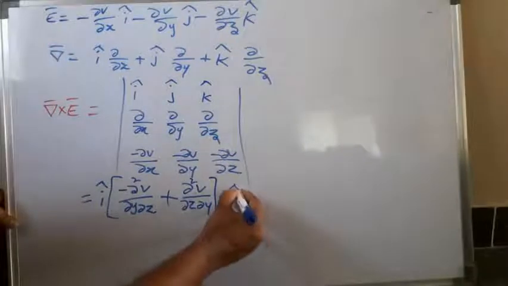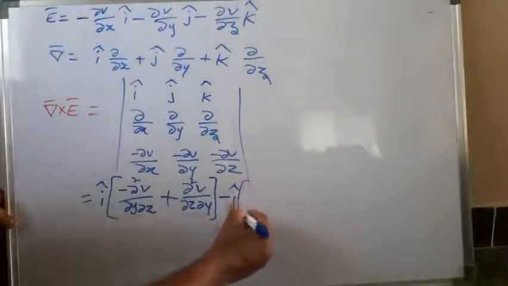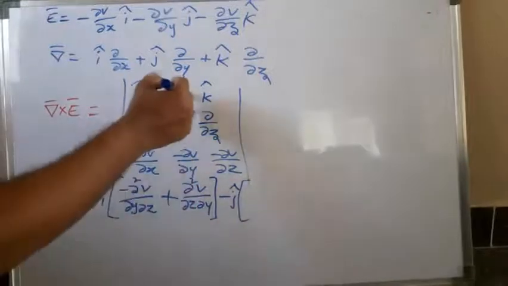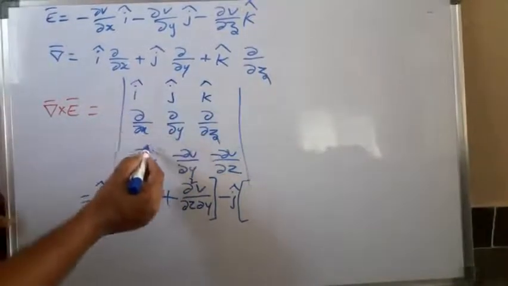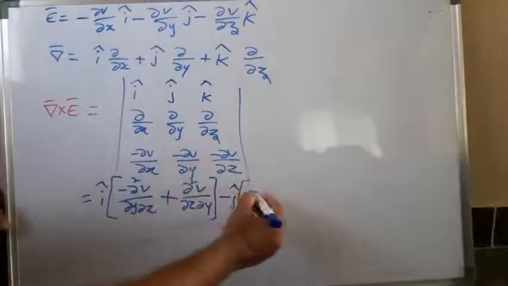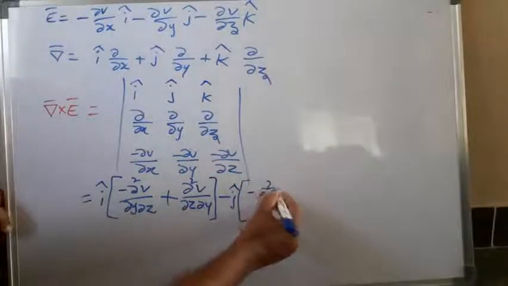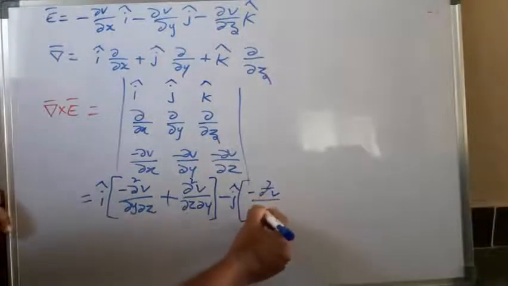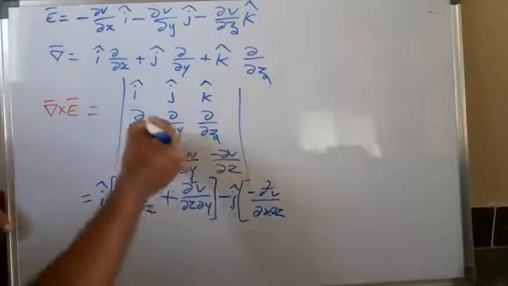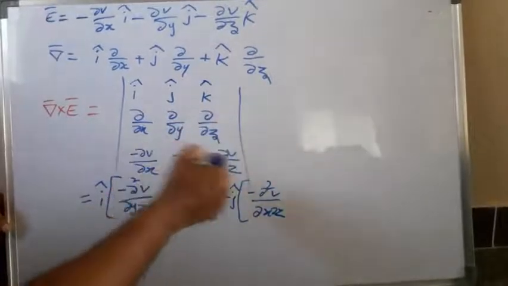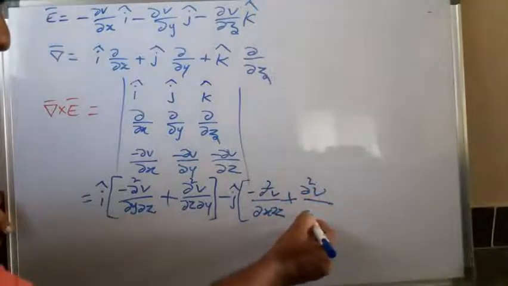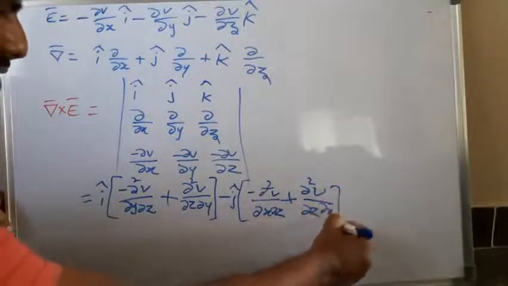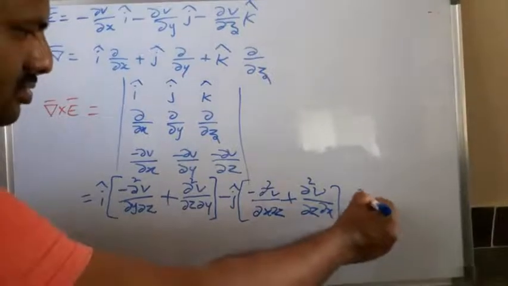Minus j cap of the second column, first row, dou by dou x of minus dou v by dou z. We get minus dou square v by dou x dou z, minus this one; minus of minus is plus, we get dou square v by dou z dou x. For k cap it is also similar.